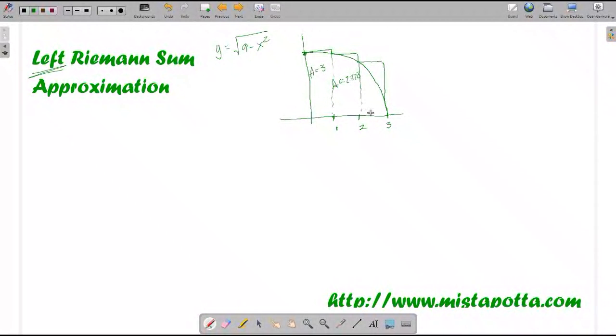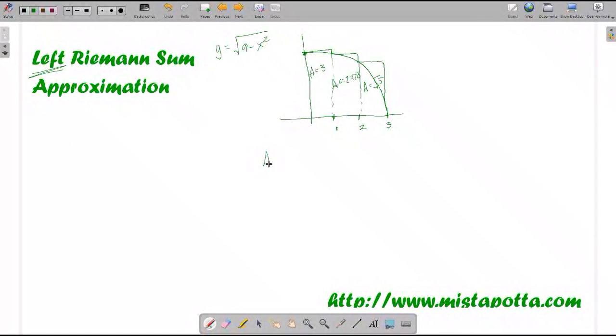And here, if I substitute 2, I'm going to have 9 minus 4, so my height is going to be radical 5, and this area is equal to radical 5.